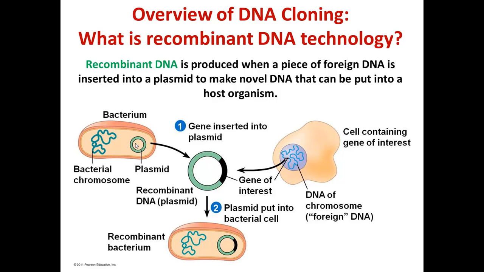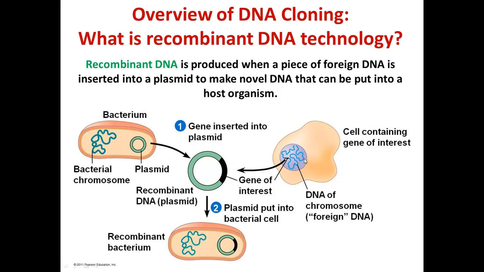So here we see an example of that. We see a bacteria, and this bacteria has plasmid DNA. So we have the bacterial chromosome, and there's also this exogenous plasmid. Remember that bacteria have circular DNA. So what we can do is cut this plasmid open and insert a gene that we're interested in producing.